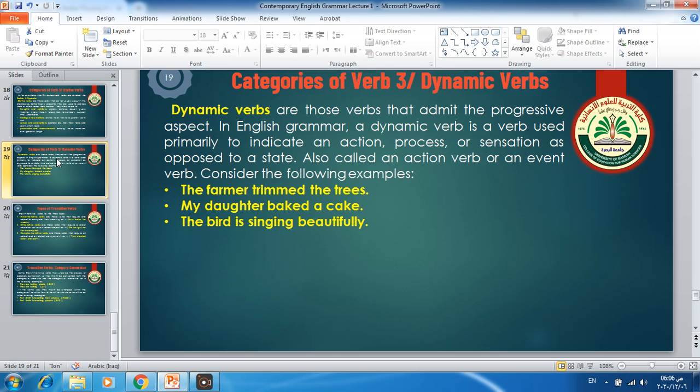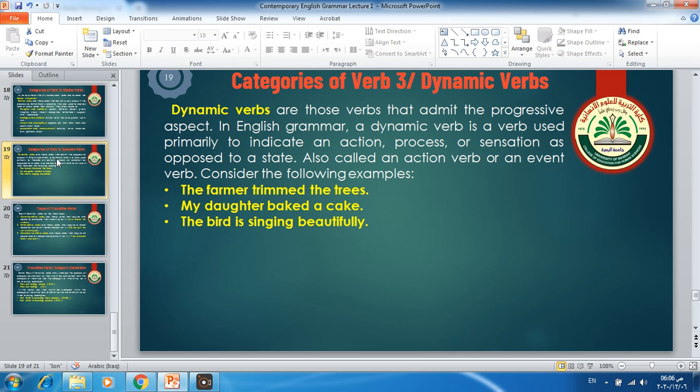My daughter baked a cake. The verb bake here refers to a process, and usually processes involve actions, they involve activities. So the verb bake here also admits the progressive aspect. So we say, my daughter was baking a cake.